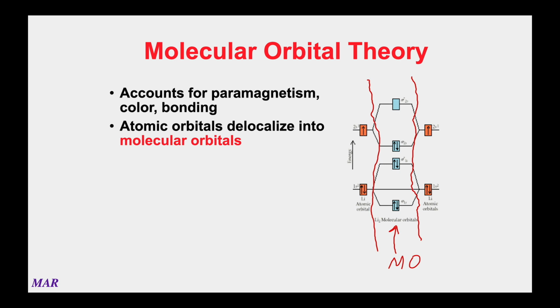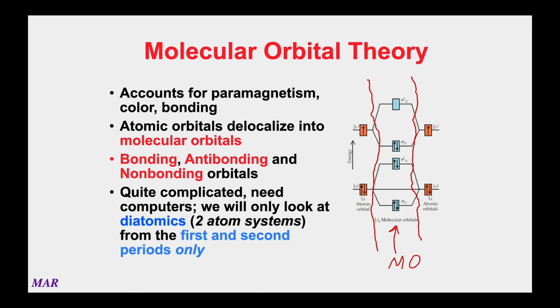This is the way to interpret these MO diagrams. In a molecular orbital diagram, you can have bonding orbitals, antibonding orbitals, and non-bonding orbitals. In this class, we're going to talk mostly about bonding and antibonding molecular orbitals. Non-bonding orbitals are possible too, but we won't see a lot of them in this class.